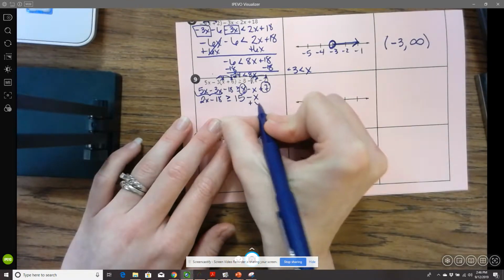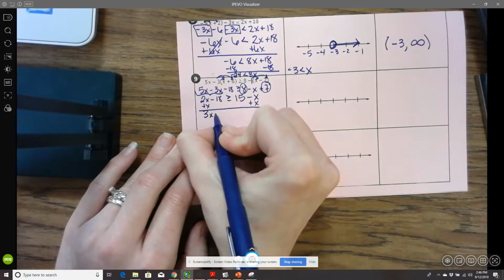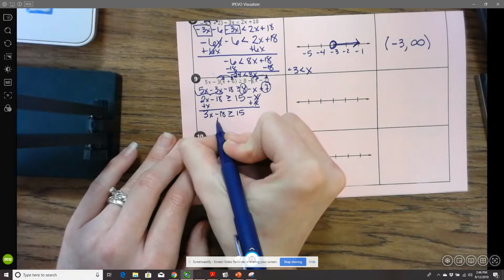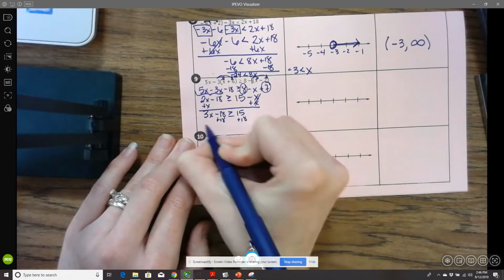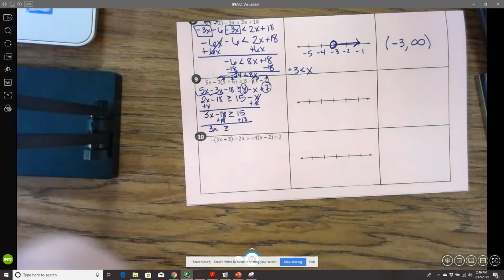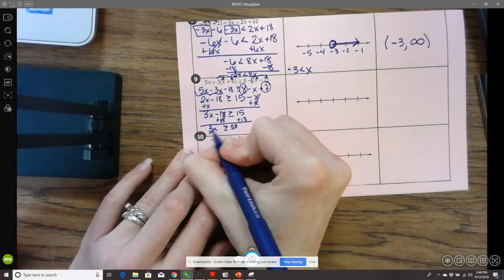So we're going to add x to both sides. So we've got a 3x minus 18 greater than or equal to 15. Then we can add this 18 to both sides, and we'll have 3x, and then 15 plus 18 is 33.